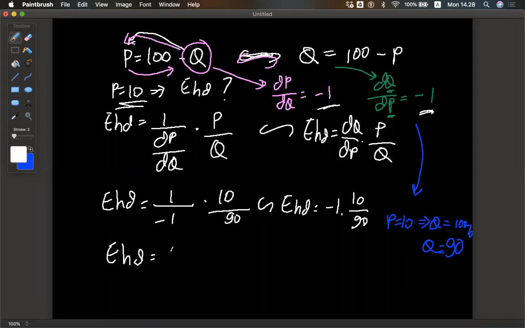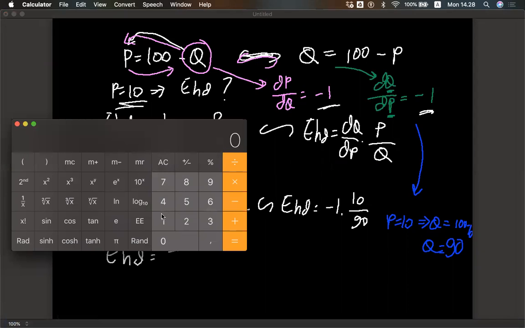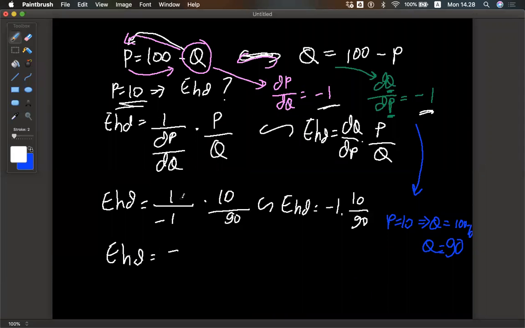Ed equals minus 10 divided by 90, which equals 0.11. Just the same thing as with the other formula, so I don't want to write it twice.